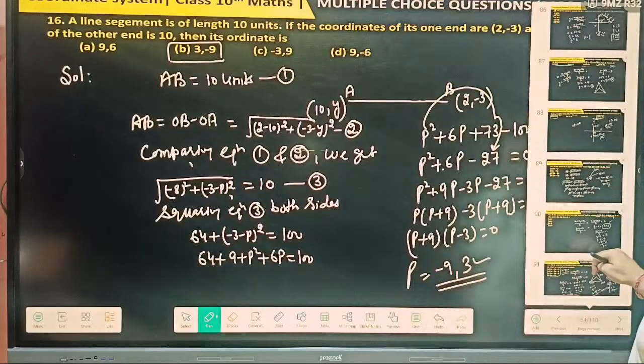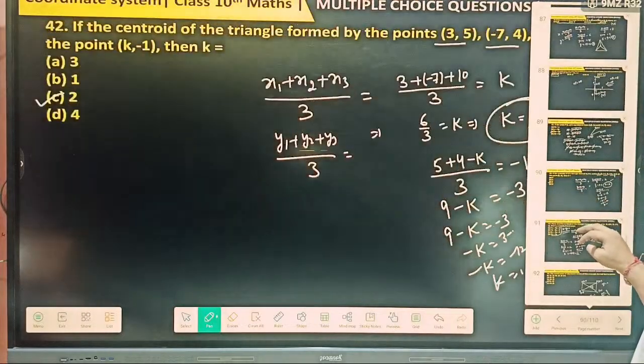So where is it given? We are talking about 41, 42. So which question is that?